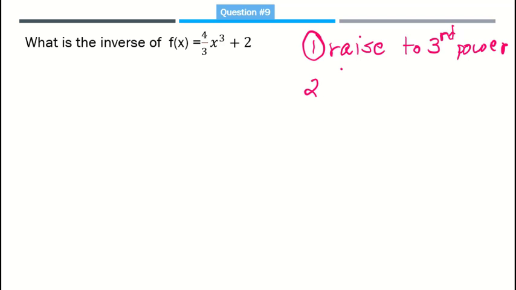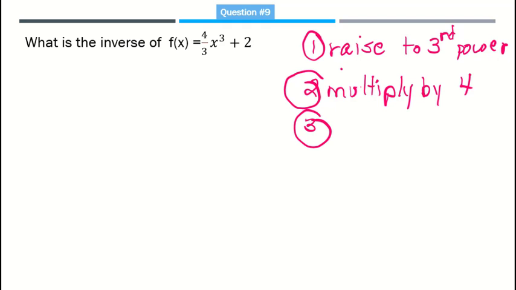And then the second thing that we're doing is we're multiplying by 4. And then we're dividing by 3. And then we're adding 2.